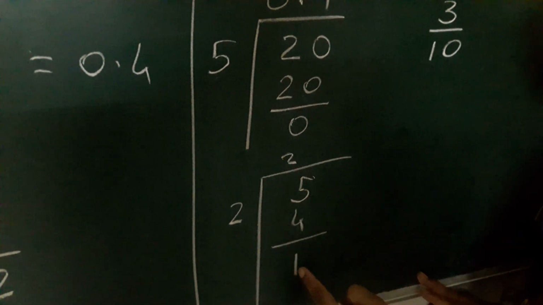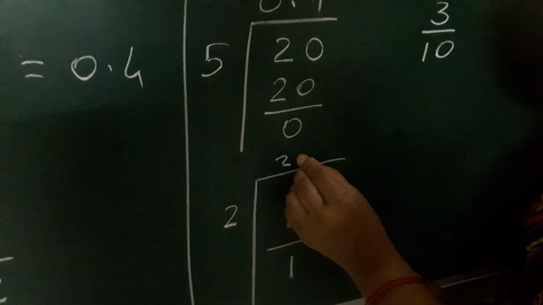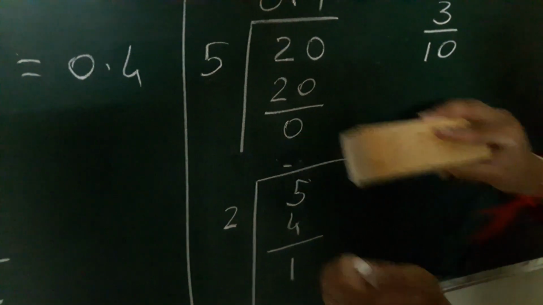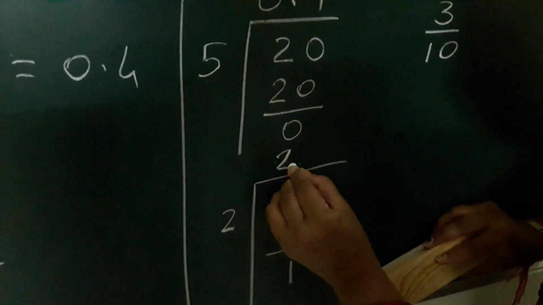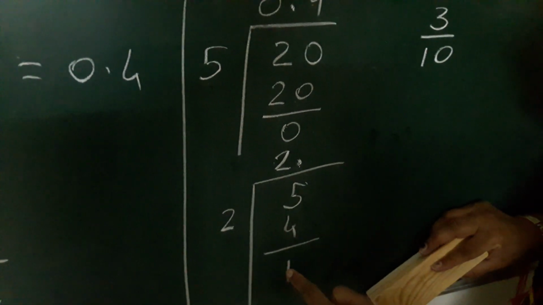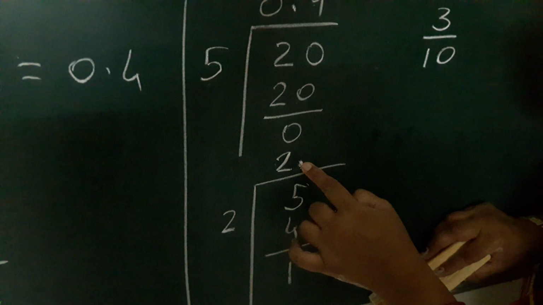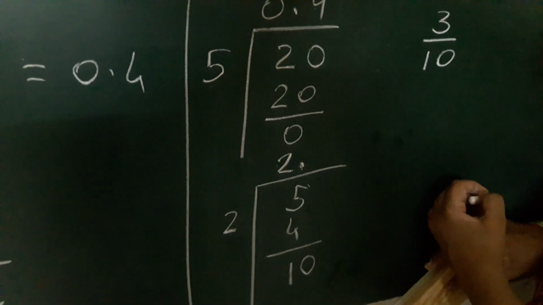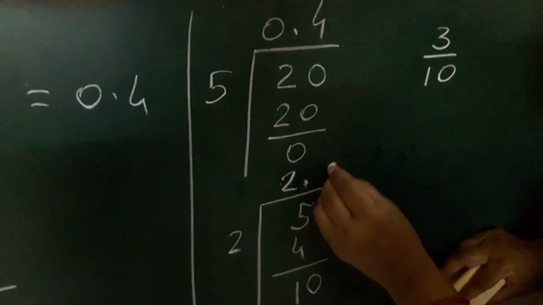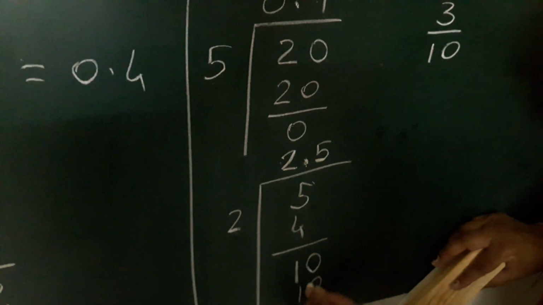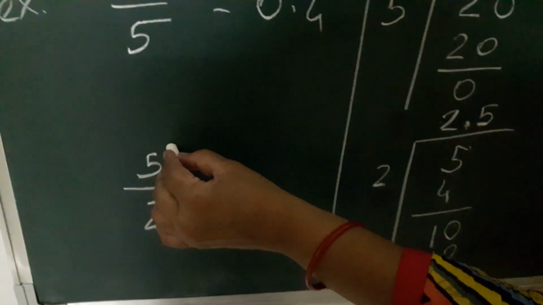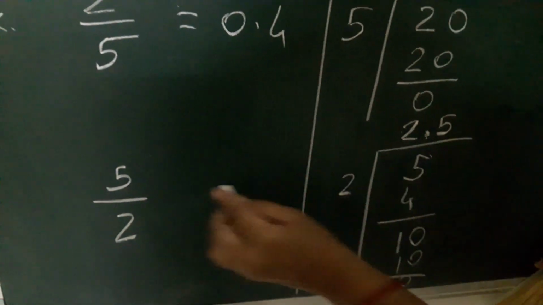Now 1 is less than 2, so we put the decimal point and then 0. 2 5s are 10. 10 minus 10, 0. So 5 by 2 equals 2.5.